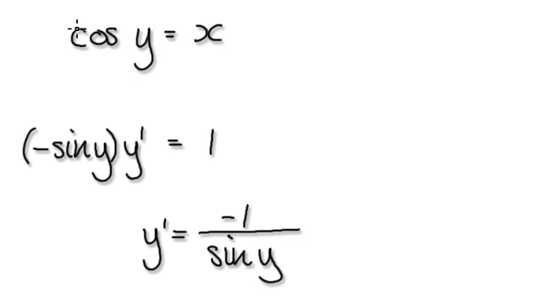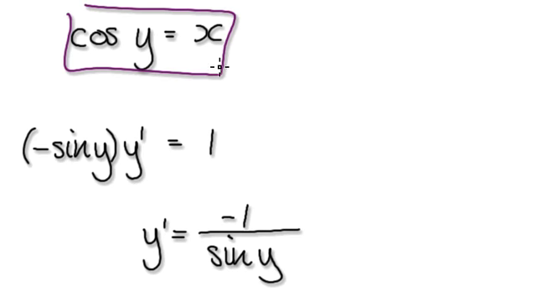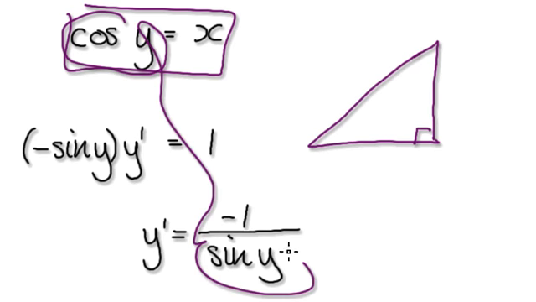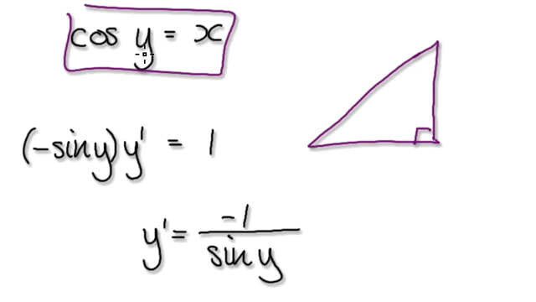Okay, so from here, translate this. Use a right angle triangle here. Somehow translate cos of y into sine of y. So let's just say the angle here is y. Cos of y equals x.